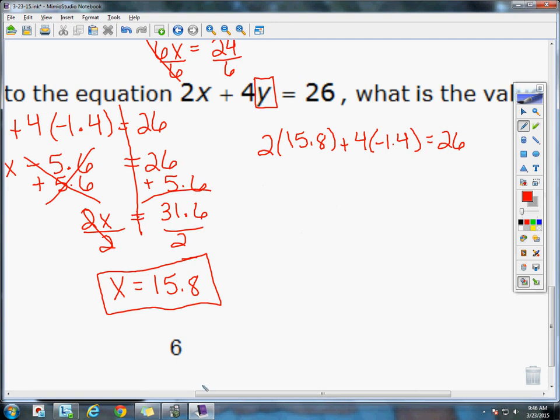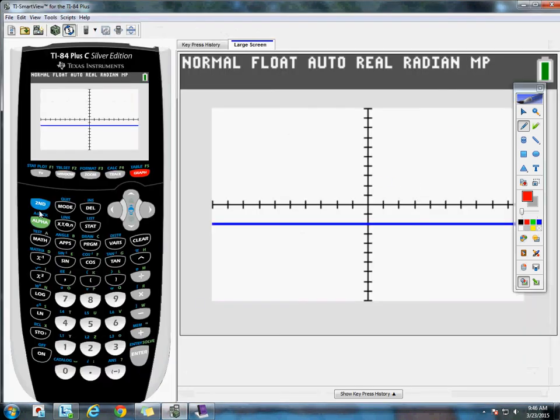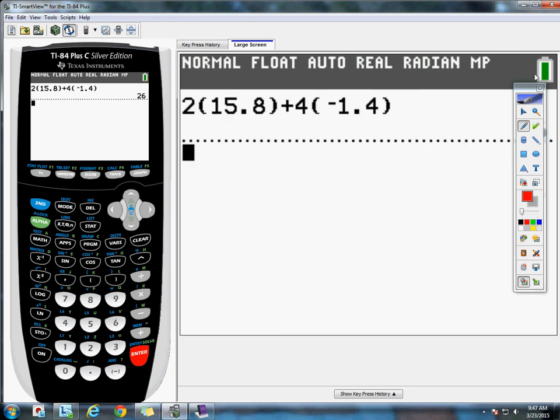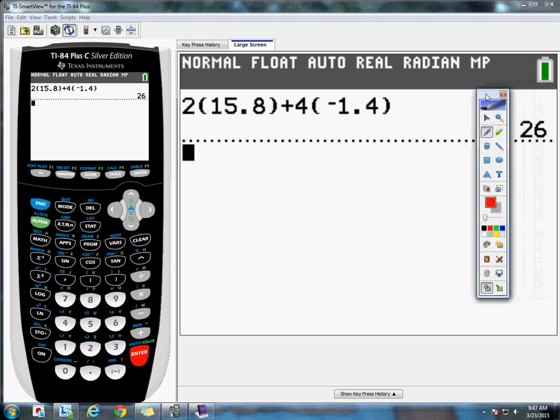Okay, so since these are some crazy decimals, I'll go ahead and put it in the calculator. So we have 2 times 15.8 plus 4 times negative 1.4. And when I hit enter, that comes out to 26.